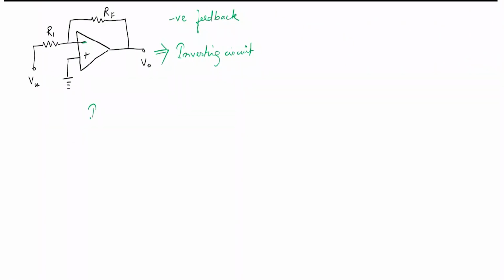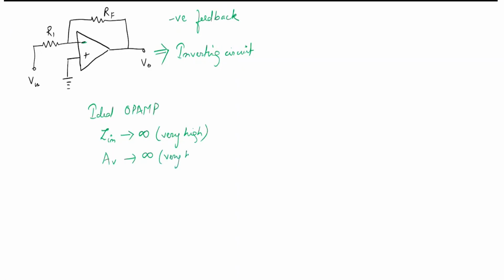Now, the ideal characteristics of op-amp. There is one point known as the input impedance, meaning the resistance at the input. It is very high. Ideally, it is infinite. Another is that the gain is also very high.